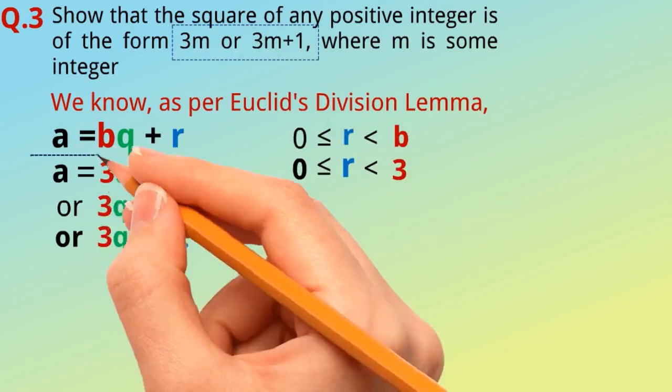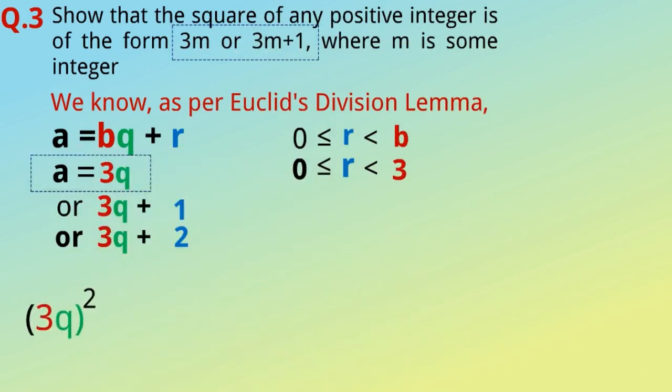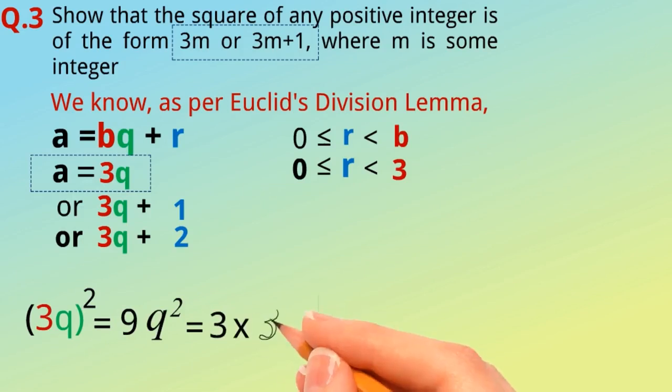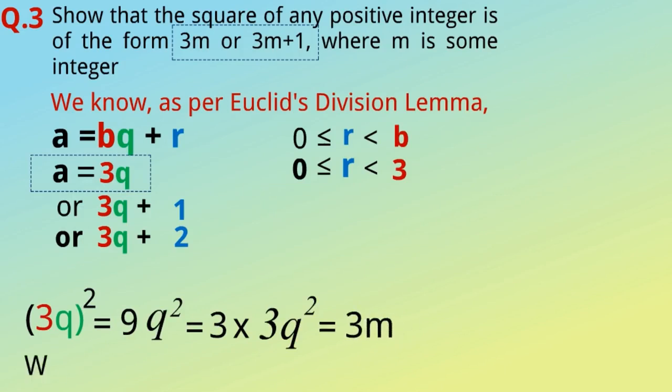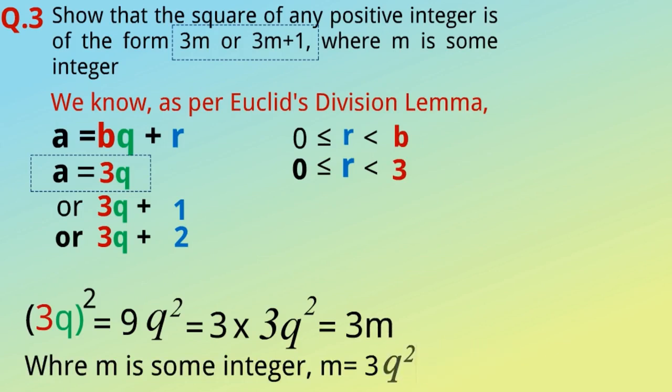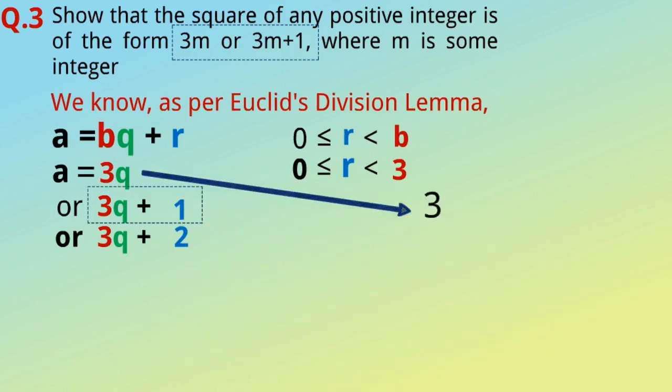So we'll take a is equal to 3q and make the square of 3q. So (3q) square is equal to 9q square, which is equal to 3 into 3q square, so that it will be a multiple of 3. So 3m, where m is some integer and its value is equal to 3q square. So (3q) square we can write as 3m.